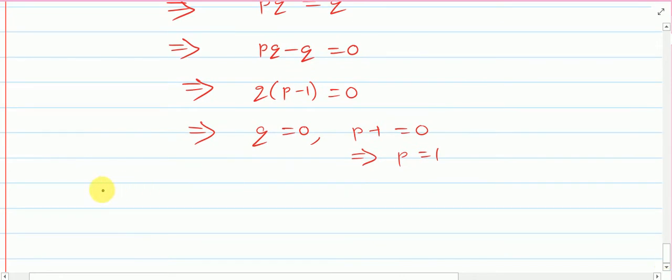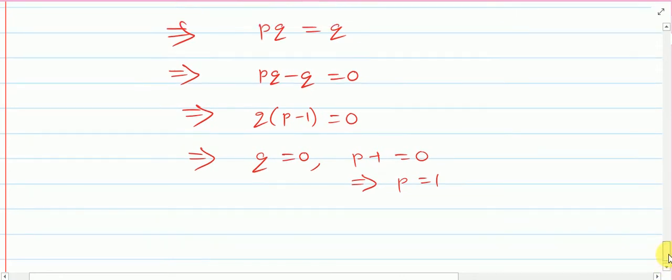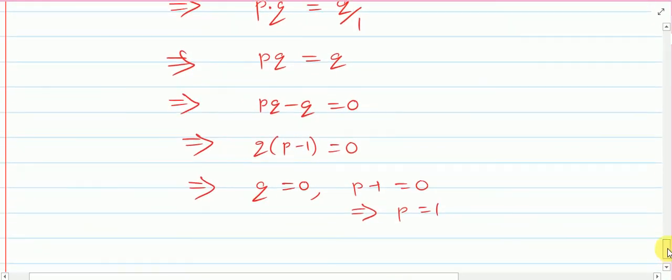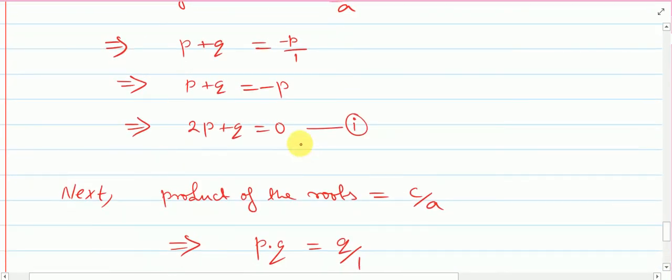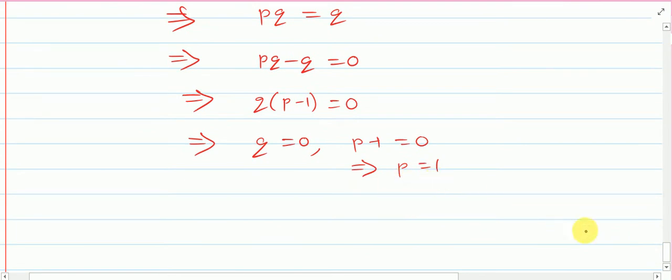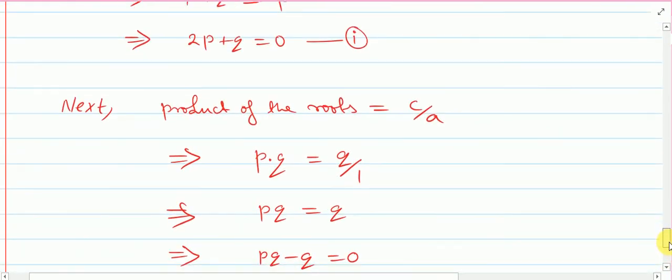Done. So we got Q equal to 0 and P equal to 1. Now what we will do is, we'll put Q equal to 0 in equation 1, and we'll put P equal to 1 in equation 1.